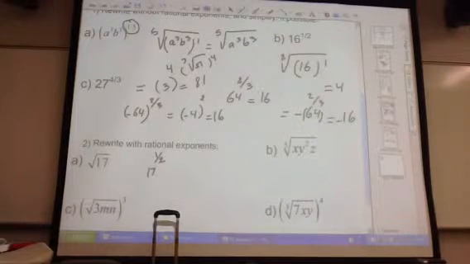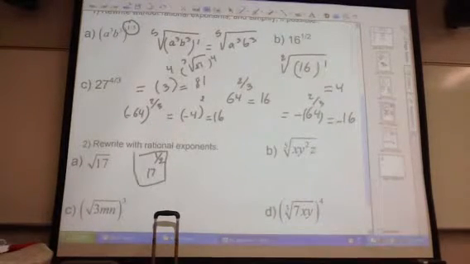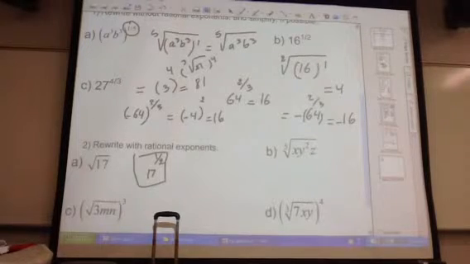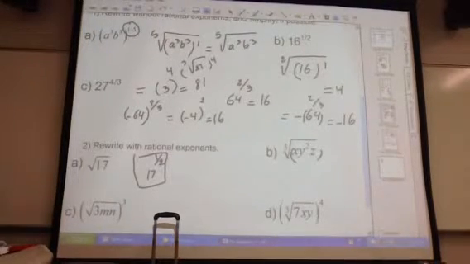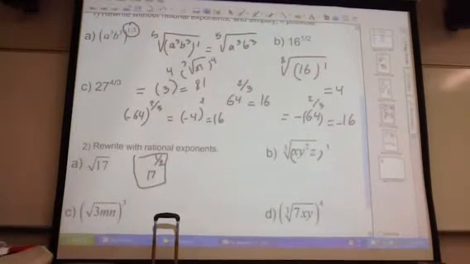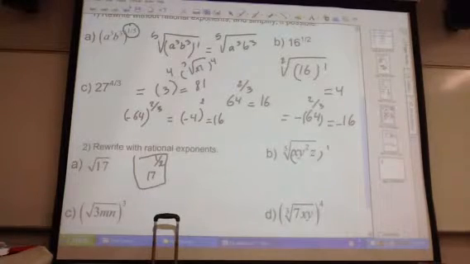Okay, look at that one. That's that. Look at this one. Anything multiplied together, put it in the parentheses. Do you see an exponent for all of them together? No. So it means what? 1, isn't it? Okay.